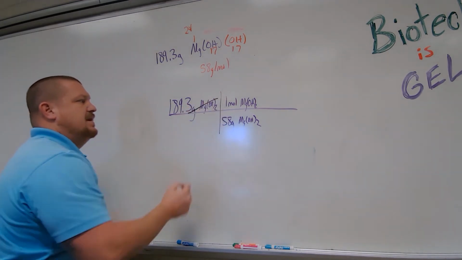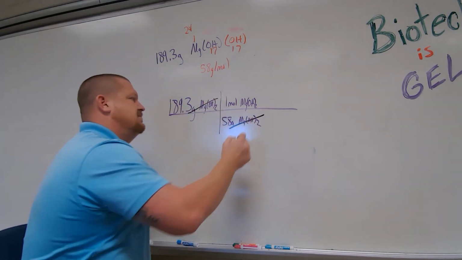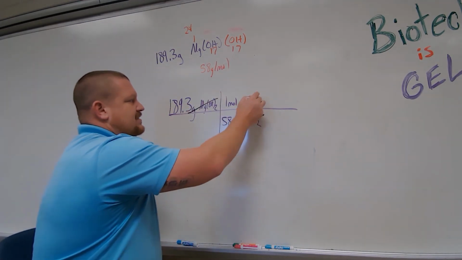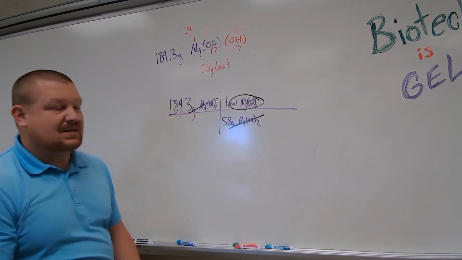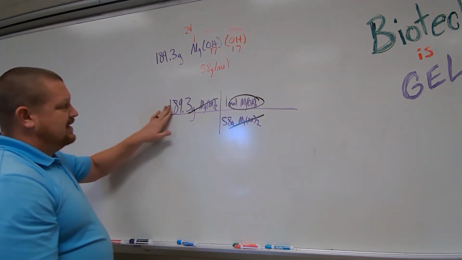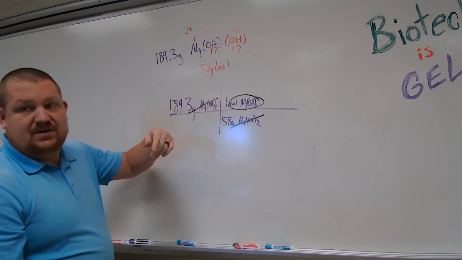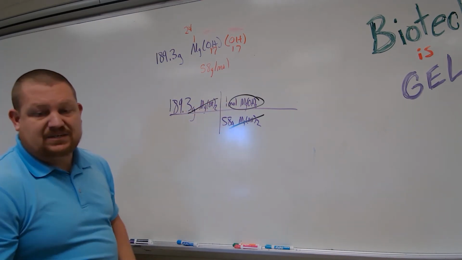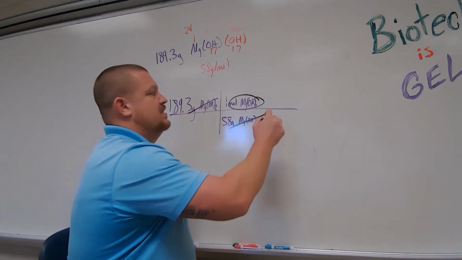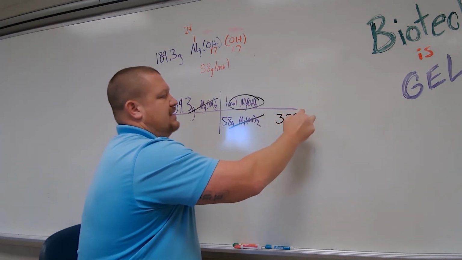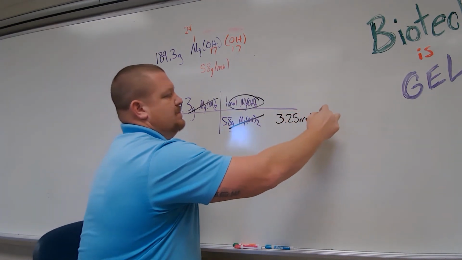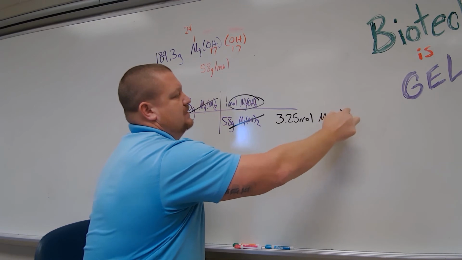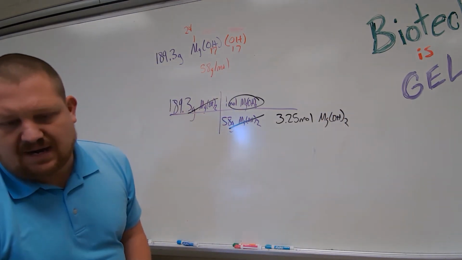Grams of magnesium hydroxide, grams of magnesium hydroxide. Our answer is moles magnesium hydroxide. To the top, 189.3 times 1, enter. Divide by the bottom, 58. You'll get something close to 3.25 moles magnesium hydroxide. All right, last one.